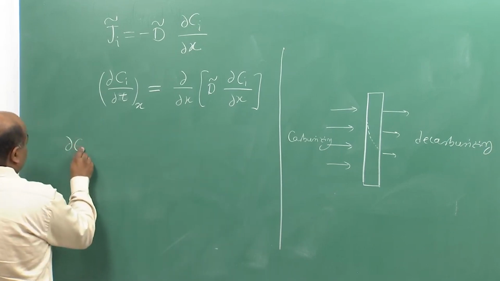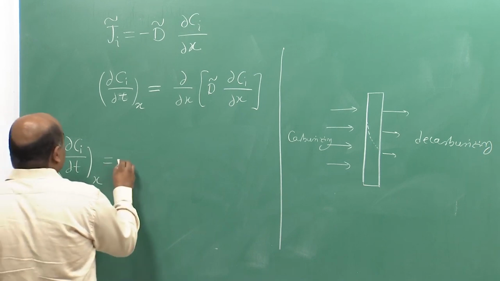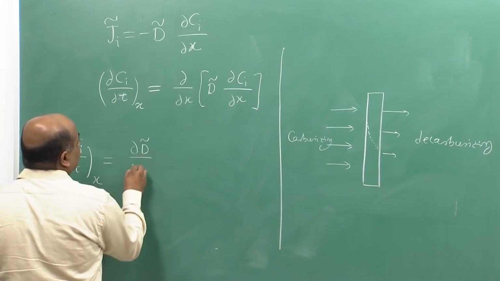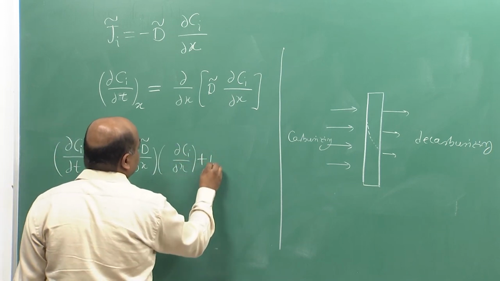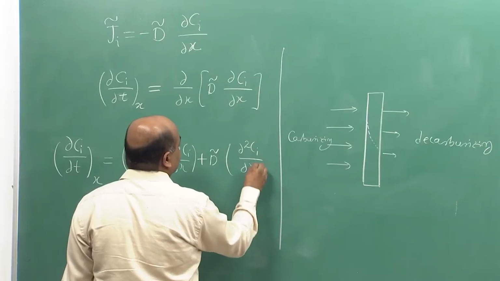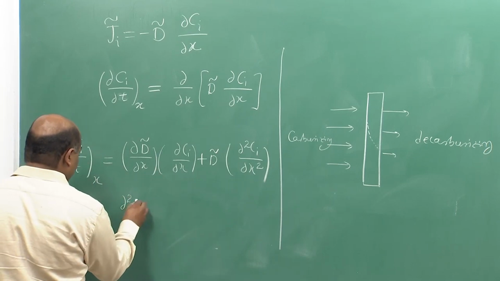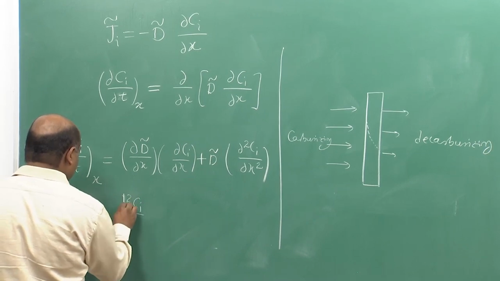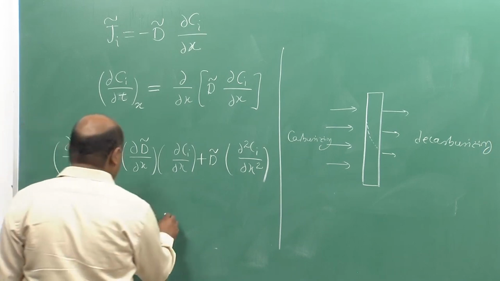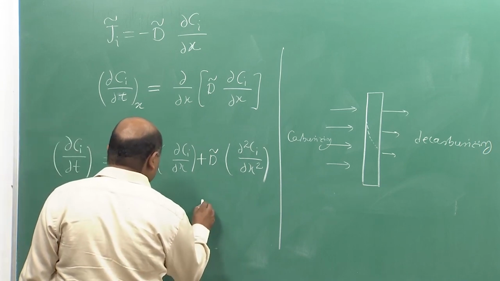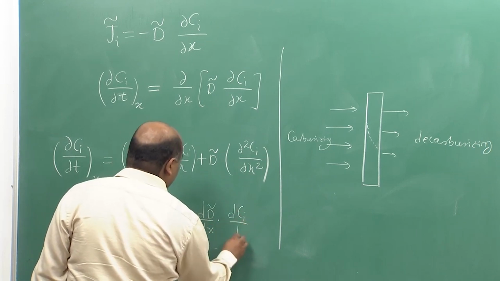So, we can write ∂Ci/∂t at x is equal to ∂/∂x of (d tilde times ∂Ci/∂x), which expands to ∂d tilde/∂x times ∂Ci/∂x plus d tilde times ∂²Ci/∂x², and when the steady state develops, we can replace ∂ with d, and d²Ci/dx² is equal to minus 1 by d tilde, d tilde by dx times dCi by dx.